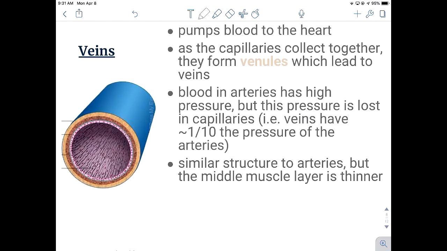As capillaries collect together, they form venules, which lead to the veins. The blood in the arteries has a high pressure, but that pressure is lost in the capillaries. The veins actually only have 1/10 of the pressure that the arteries do.